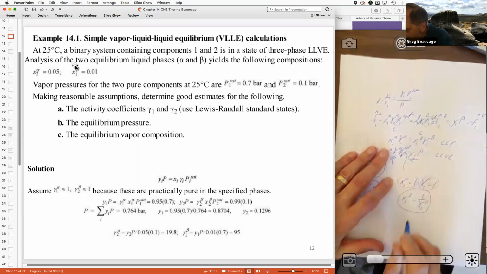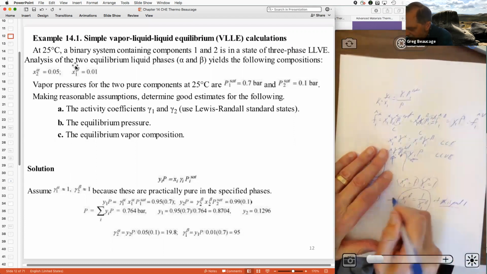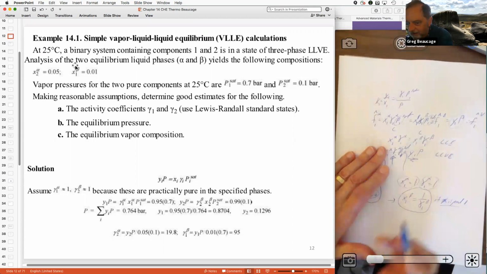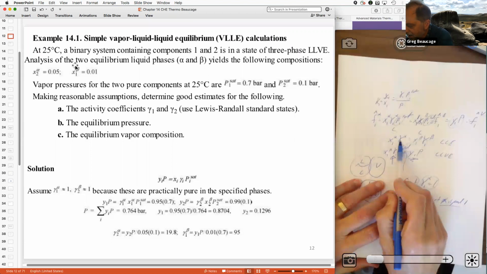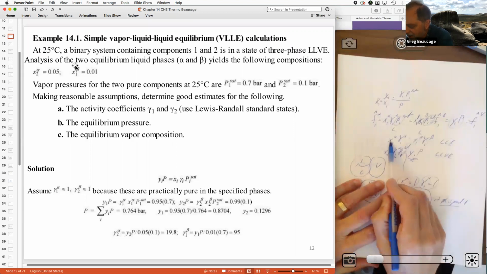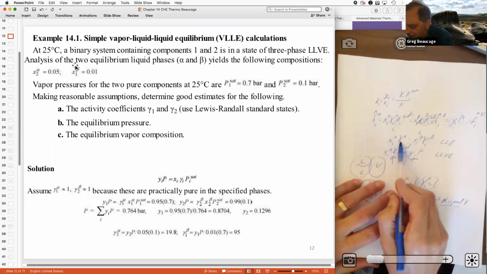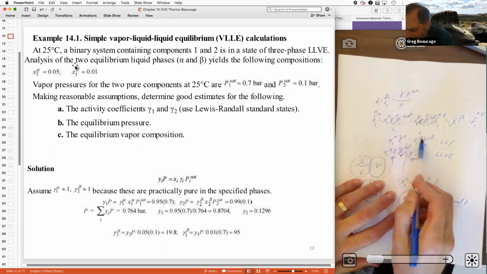That's if alpha is pure 1. So that's something you usually use to initiate these things all the way through. So if alpha is pure 1, then x is 1 and gamma is also 1, that means this whole side is 1, and x in the beta phase, dilute, is 1 over the gamma of the beta phase.